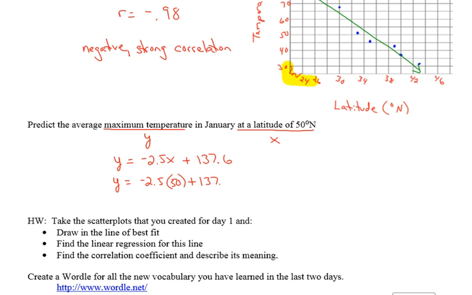So we substitute 50 in for x. I'll give you a minute to find that value. And you should get 12.6. So the average maximum temperature in January is about 12.6 degrees at a latitude of 50 degrees north.